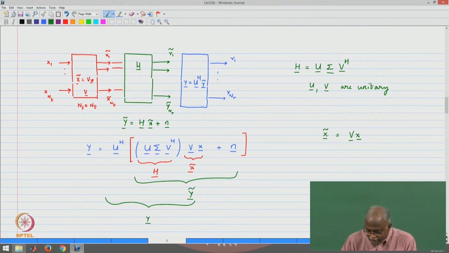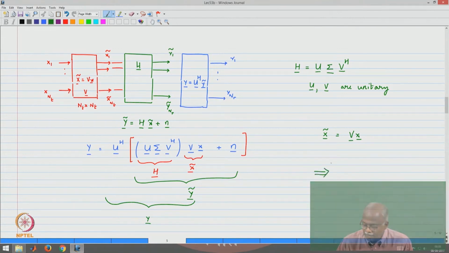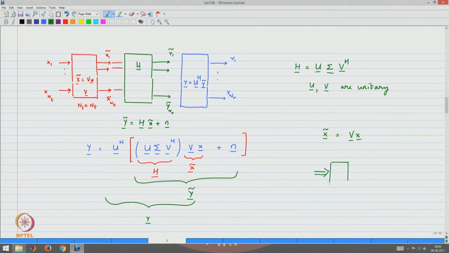Now this x tilde is passed through the channel. So if you were to think of it as a vector input to the channel H, this is x tilde and it produces the vector output y tilde, and y tilde is given by H times x tilde plus n, and then we process it subsequently using U Hermitian.